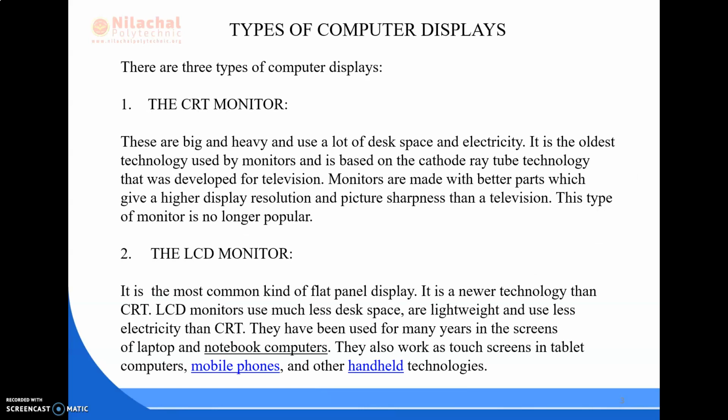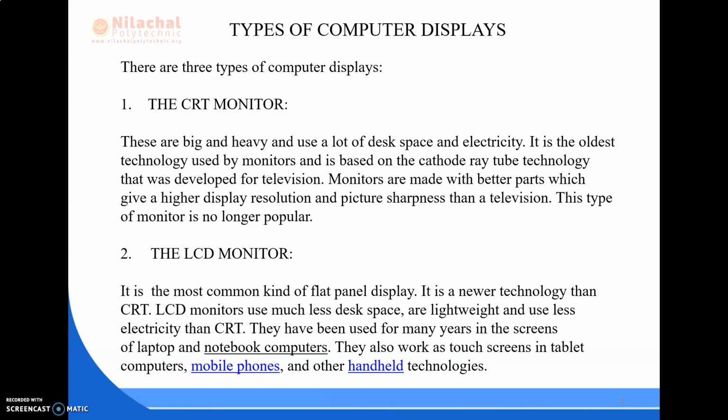Next, we will move to the types of computer displays. There are three types of computer displays. The CRT monitor: these are big and heavy and use a lot of space and electricity. It is the oldest technology used by monitors and is based on the cathode ray tube technology that was developed basically for televisions.